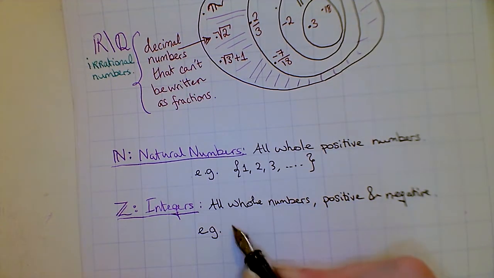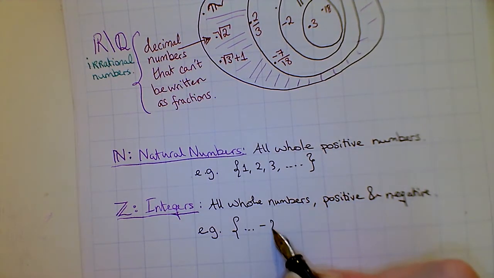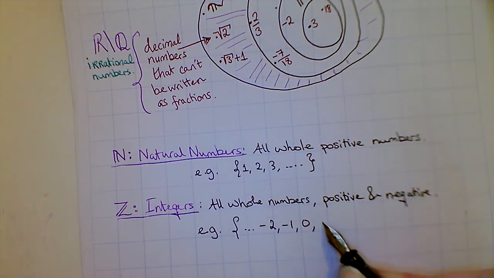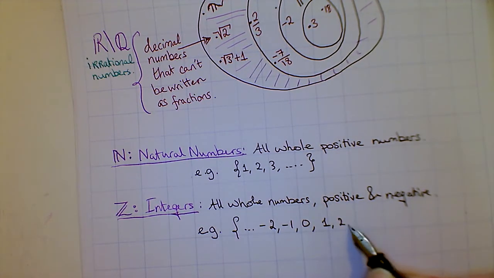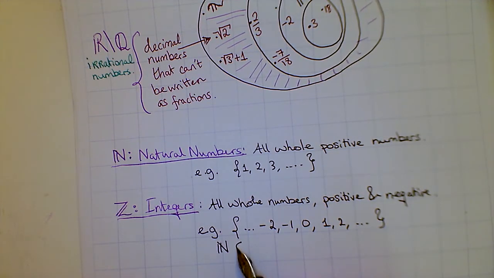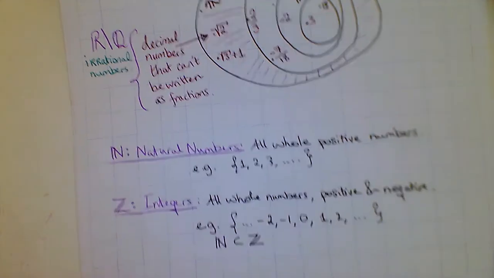For example, -2, -1, 0, and yes, all of these guys as well. So the natural numbers are a subset of the integers.